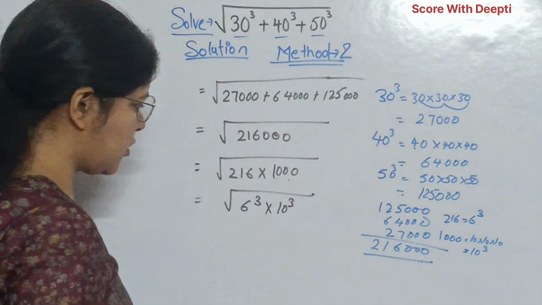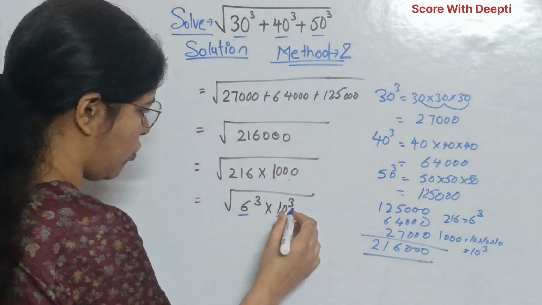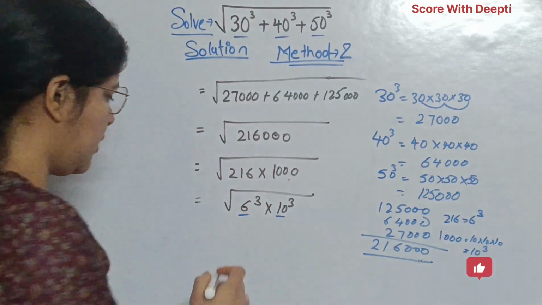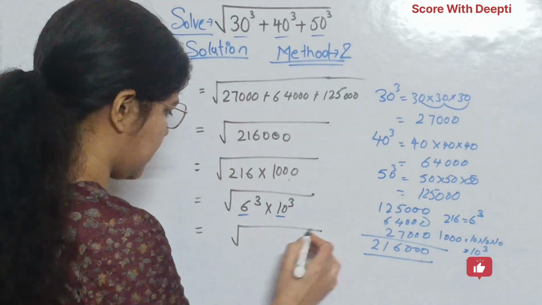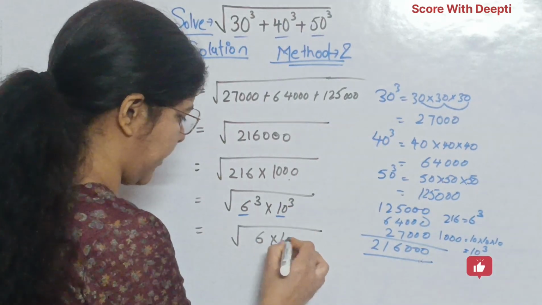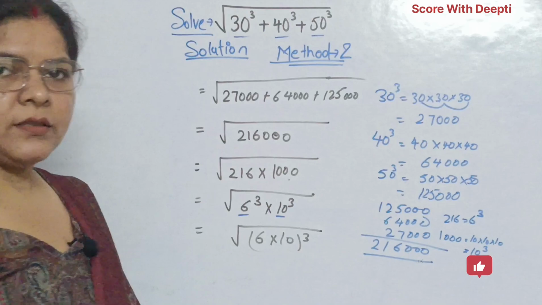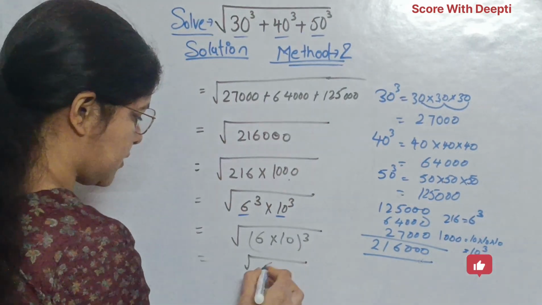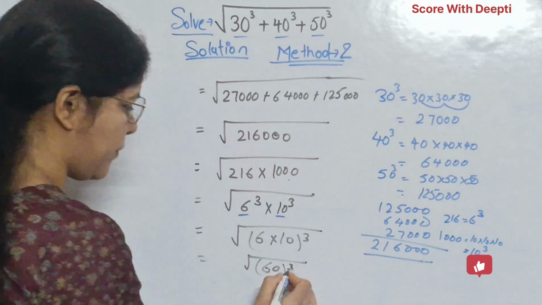Next these two terms are same under the whole cube, means power is cube. Now we will write it as square root 6 into 10 whole cube. Next we multiply 6 with 10, get square root 60 cube.